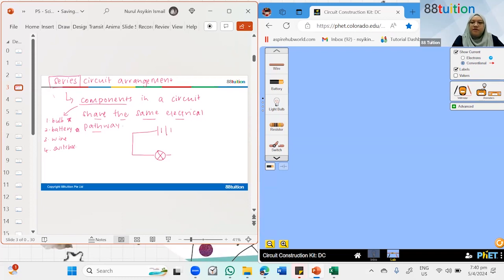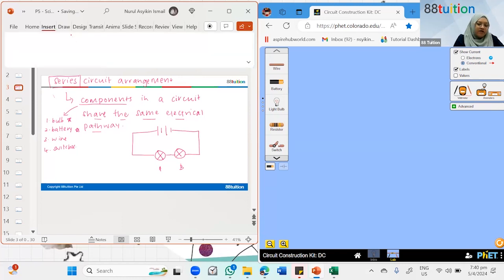Electrical pathway simply refers to the route that electricity travels in, aka the wires, correct or not? So light bulb A here and light bulb B, they share the same pathway. That means they share the same wire.